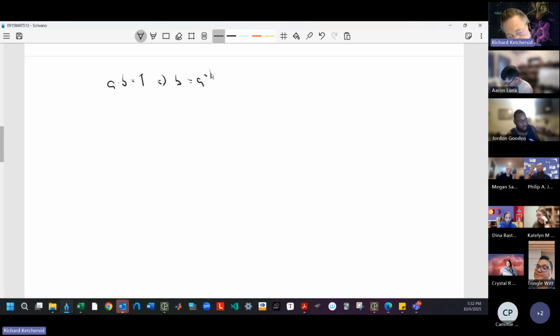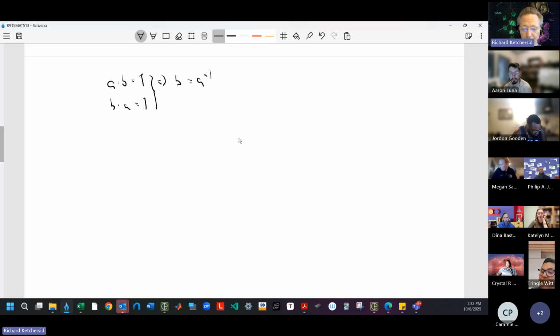I mean, this actually isn't quite true. If A times B equals 1 and B times A equals 1, then B is equal to A inverse. With matrices, even though they're not commutative, if A times B equals the identity, then you actually know A and B are already inverses. But for arbitrary rings, you need both. You need it to be a two-sided inverse, so you have to be a little bit careful.